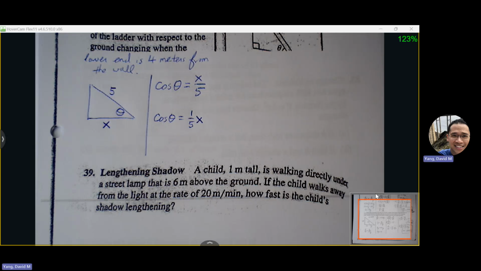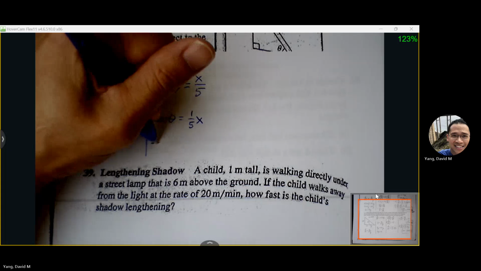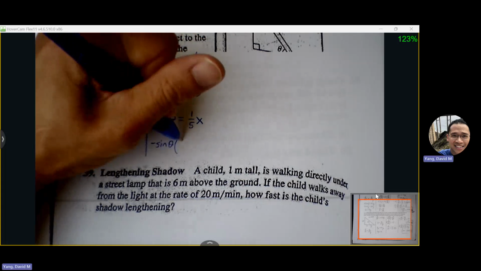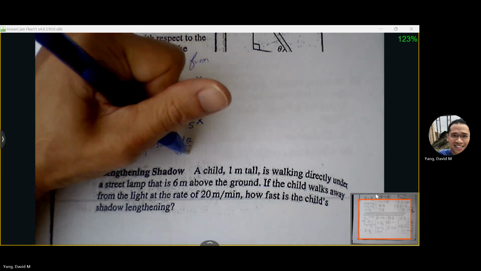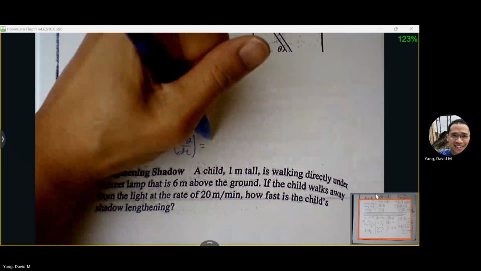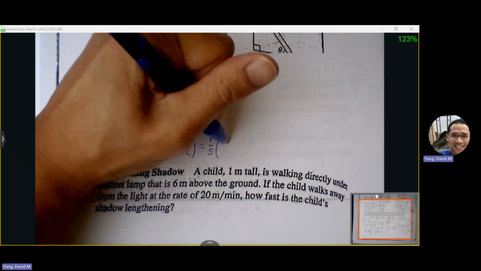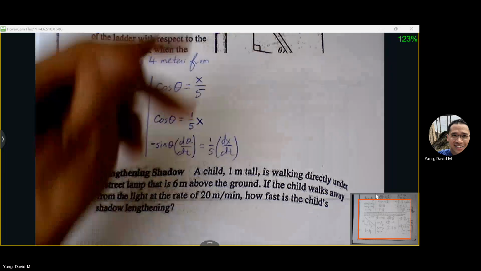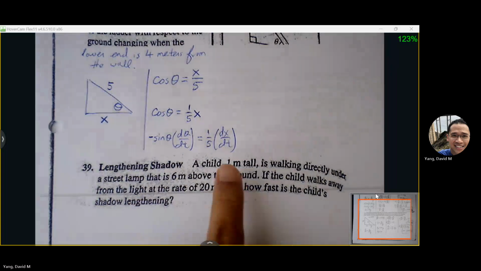Okay, let's go ahead and find the derivative. Remember, this is related rates. Every variable gets impacted by time. So cosine of theta becomes... good. 1/5 x becomes 1/5 dx/dt. All right.